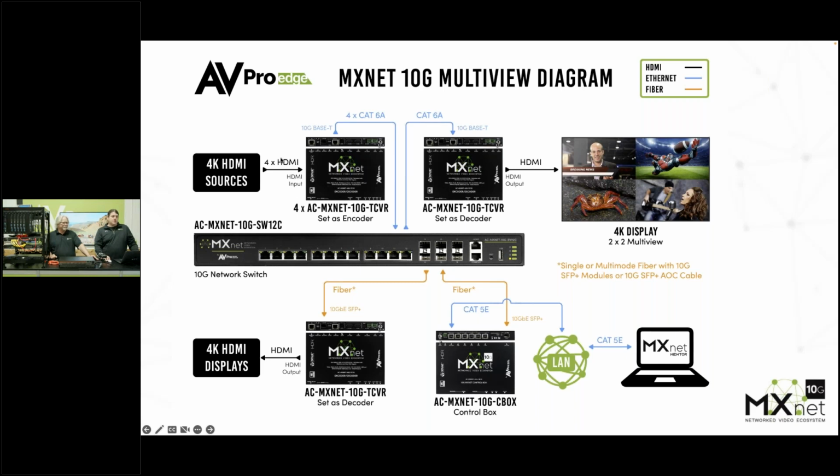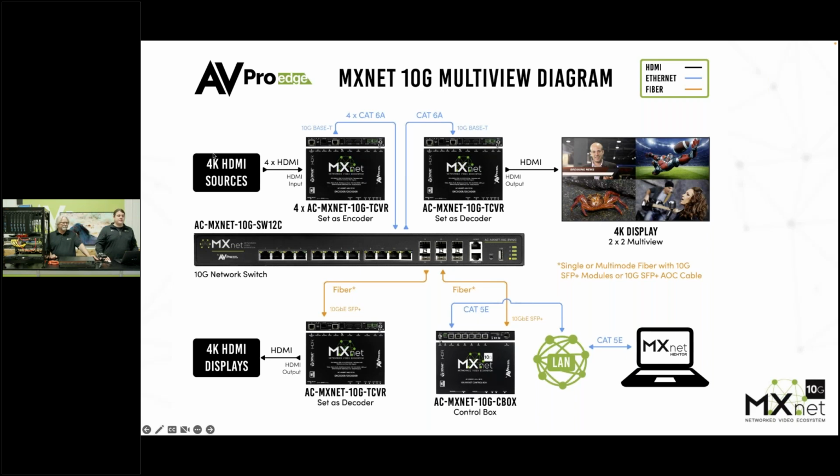So we'll have 4 HDMI sources going into 4 transceivers, and these will be set as encoders. And then we will have our one decoder right here, the same transceiver but set as a decoder coming out. And we also have more displays here, where this is set as a decoder, so we'll decode to these signals.